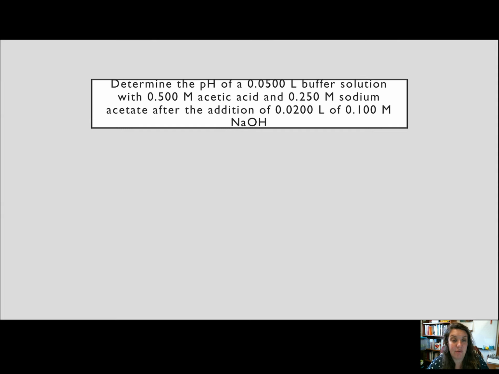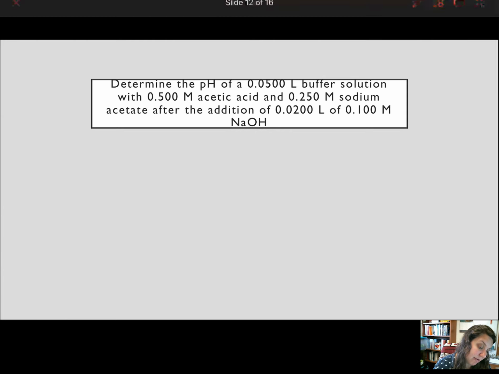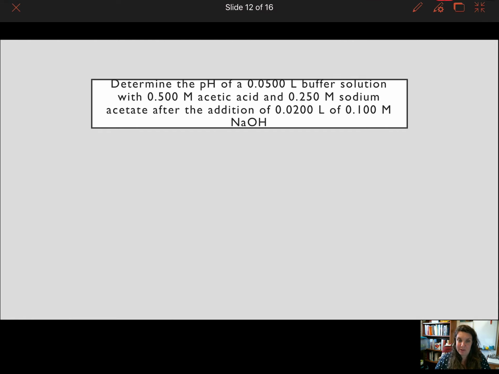With this, anytime we have a small amount of strong acid or strong base added into anything where we have a weak acid or a weak base, we're going to do what's called a partial neutralization. So we're going to use a BCA table. We're going to take the amounts we have and figure out how many moles of each of our substances we have, then do a BCA table.